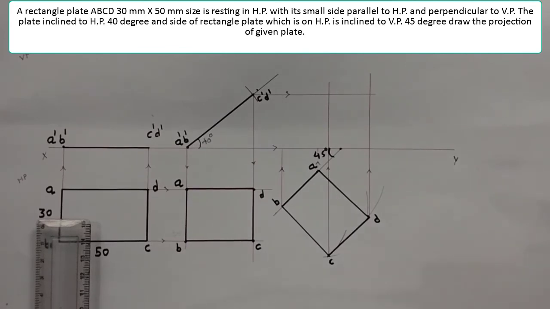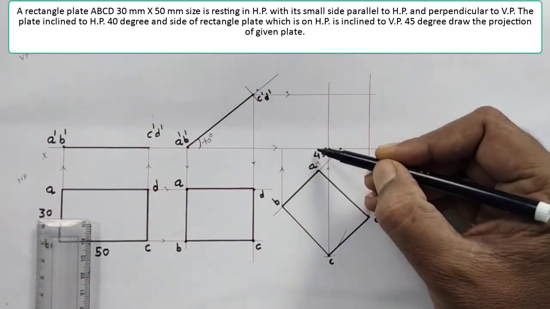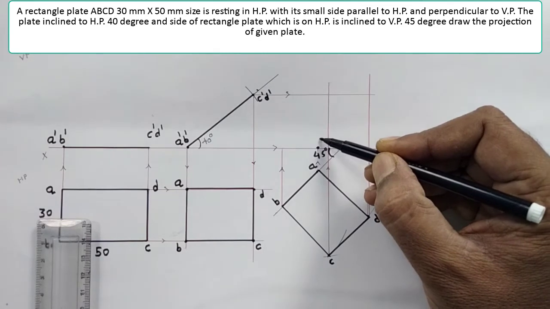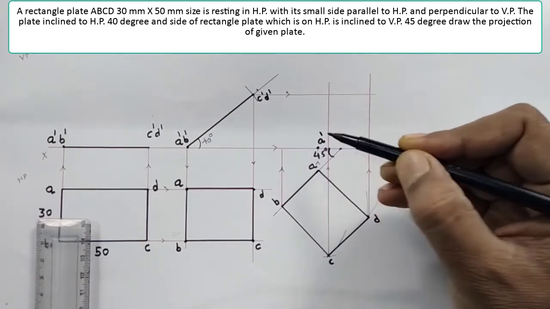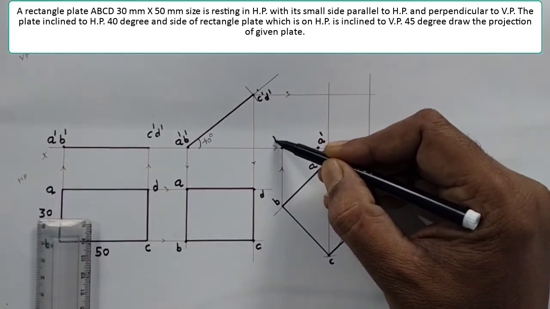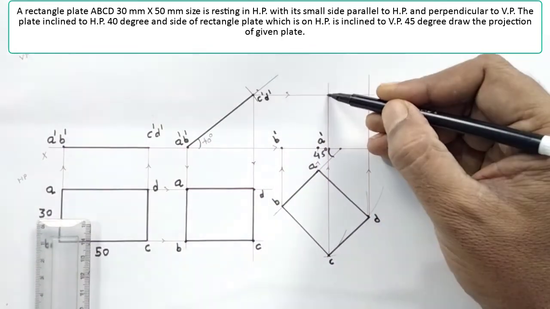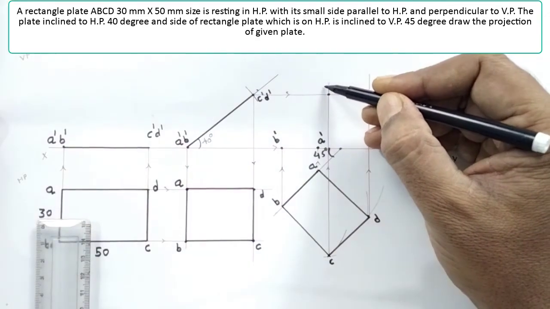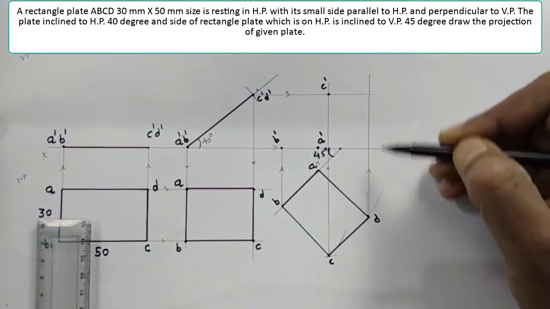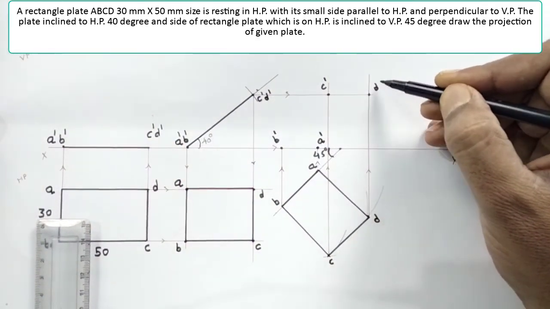So here, this is A point, my A dash on the XY line, so I mark the A dash. This is our B dash, this is the C point, it is our C dash, and this is our D dash.